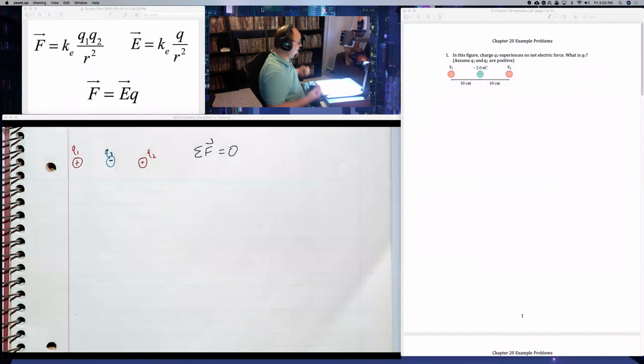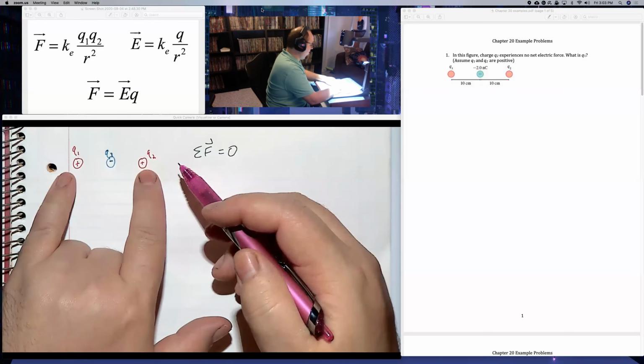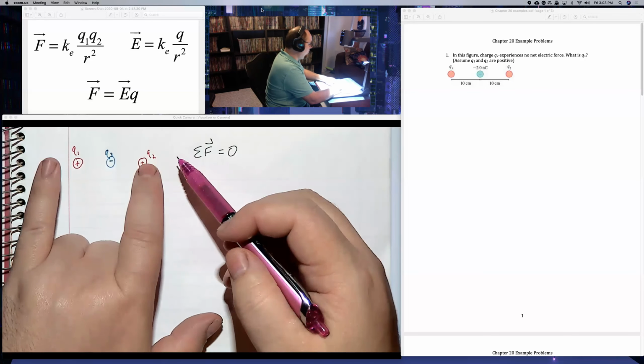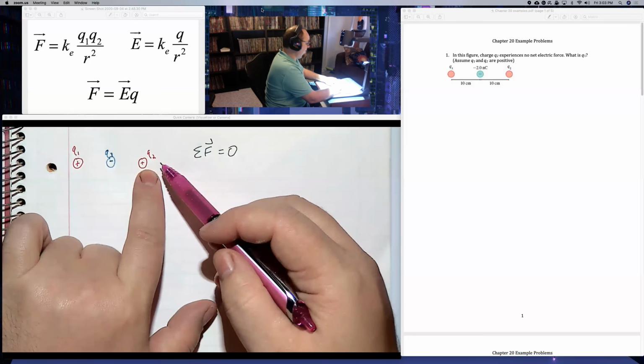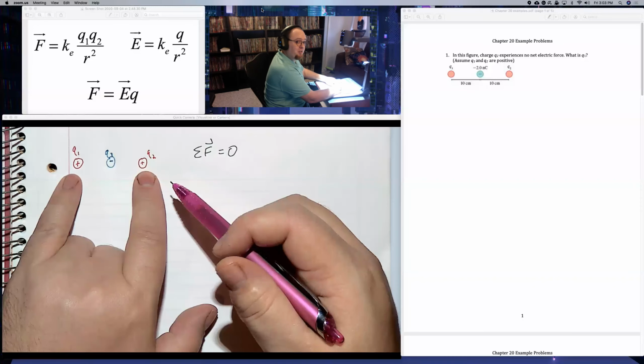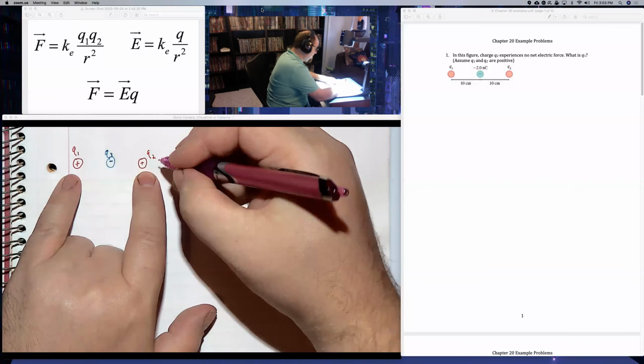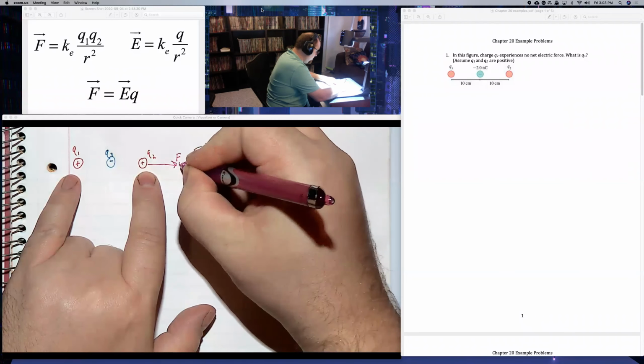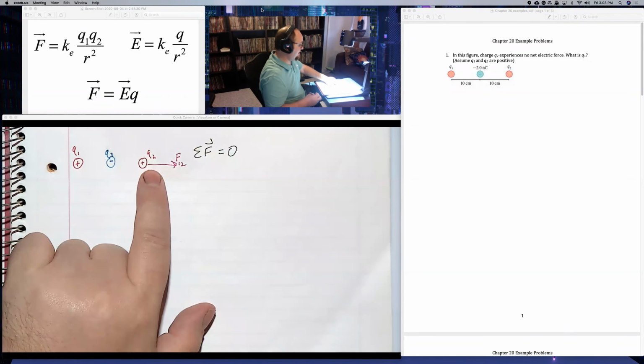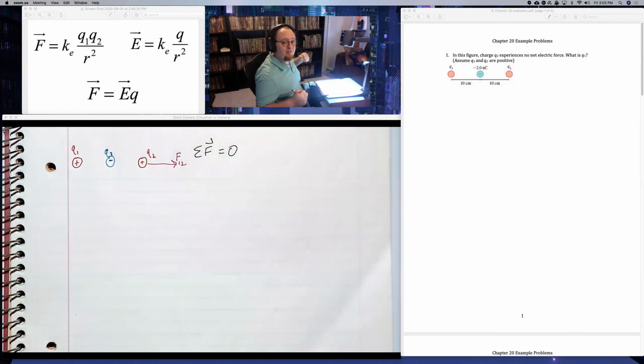Now, keep in mind we've got to keep track of the direction, right? So for the force between 1 and 2, both 1 is positive and 2 is positive, and so these two are going to try to repel each other. What this means is the force between 1 and 2 is going to be to the right for this guy because it's going to be pushing away from 1.